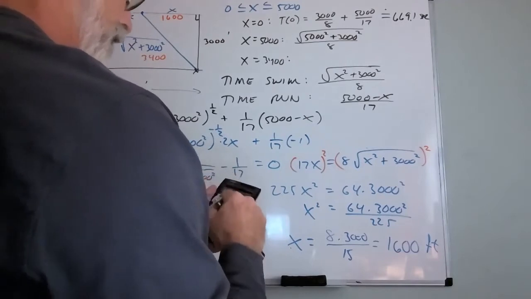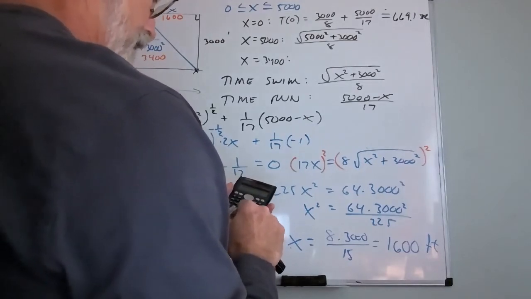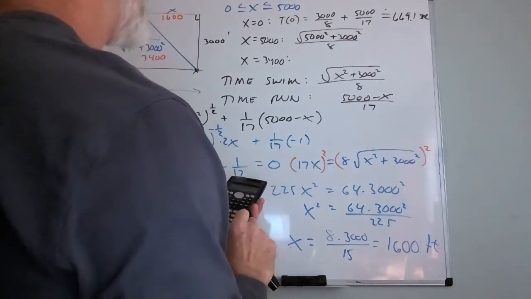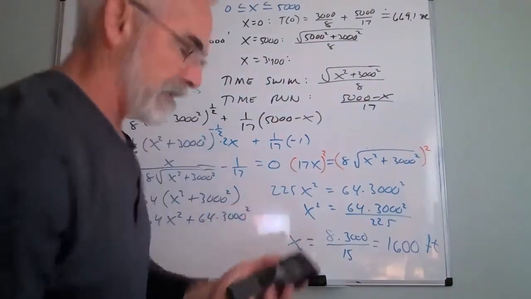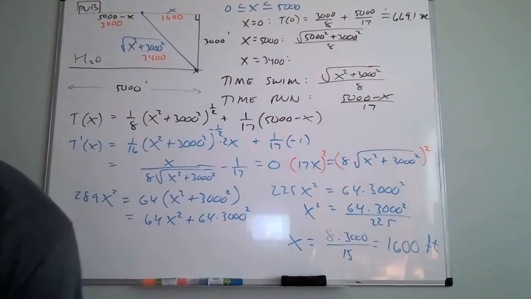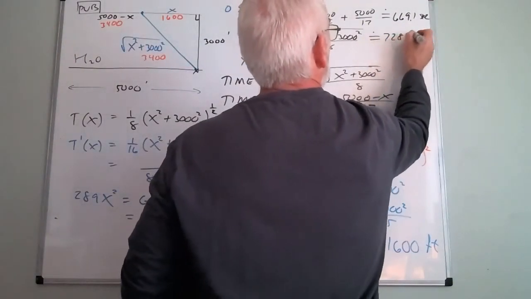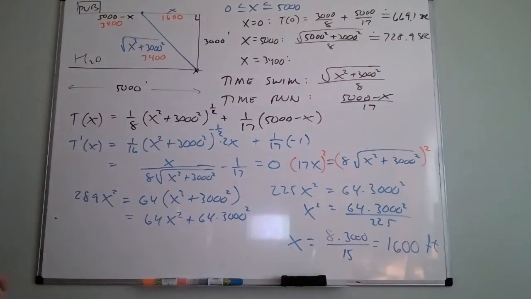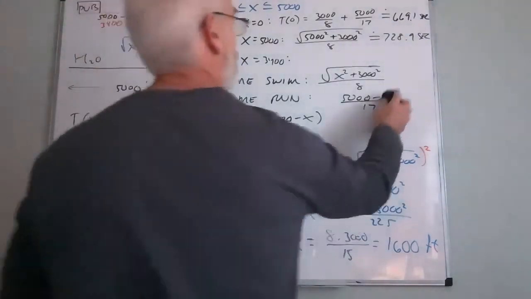So square root of 5,000 squared plus 3,000 squared over 8. 728.9 approximately. Okay, so running the whole way and swimming the shortest distance was a little bit faster than swimming the whole way.